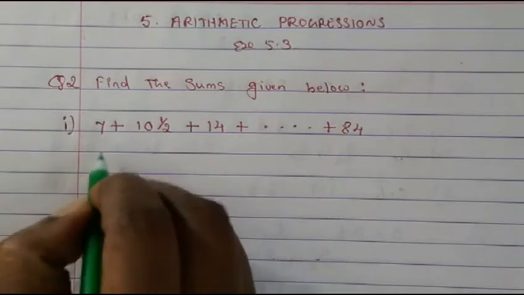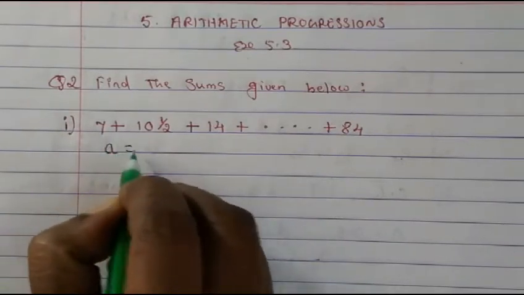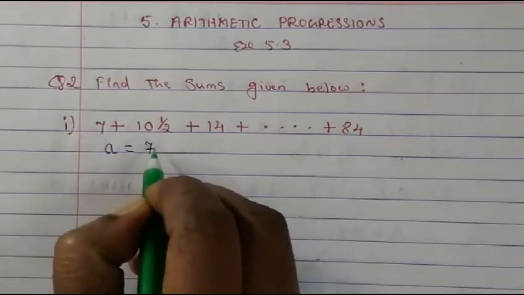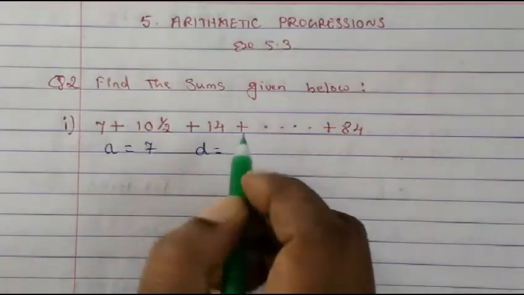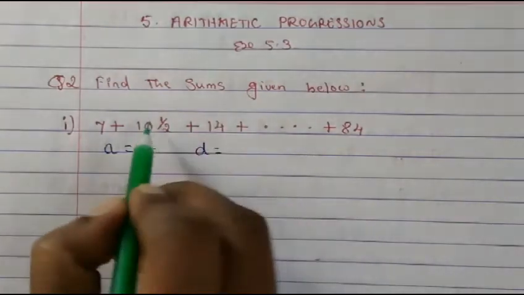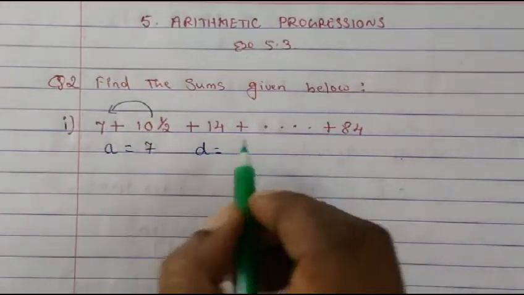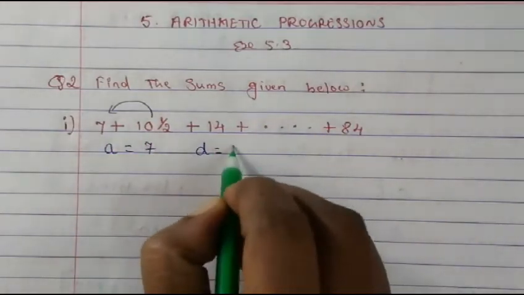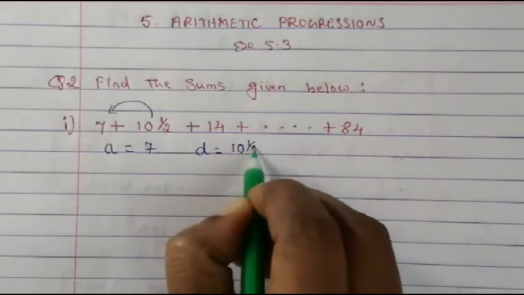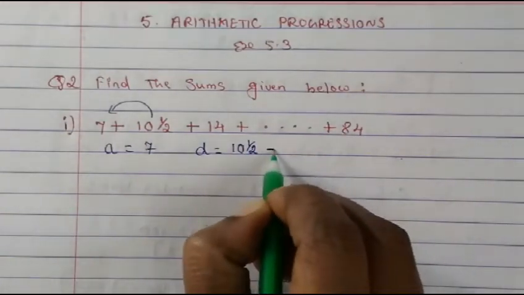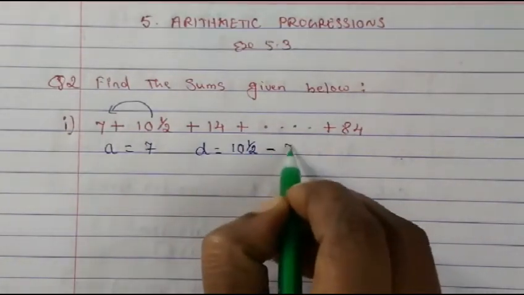Let's write down: A value is 7, and the common difference is A2 minus A1. A2 is a mixed number, and from it we have to subtract the A1 value.